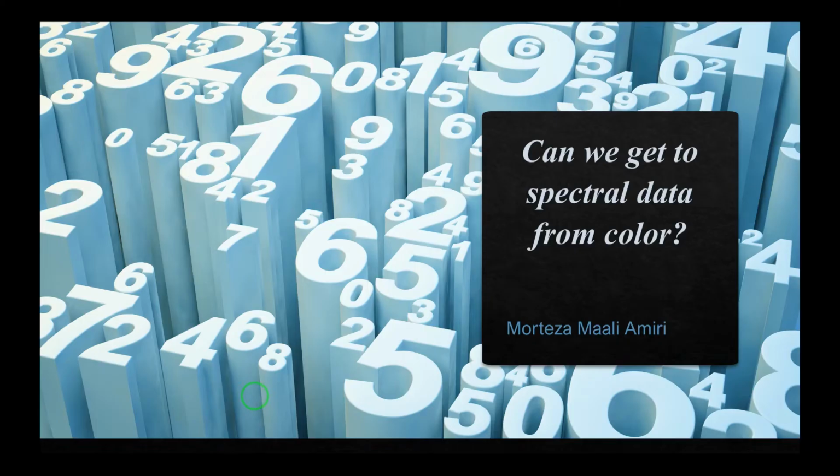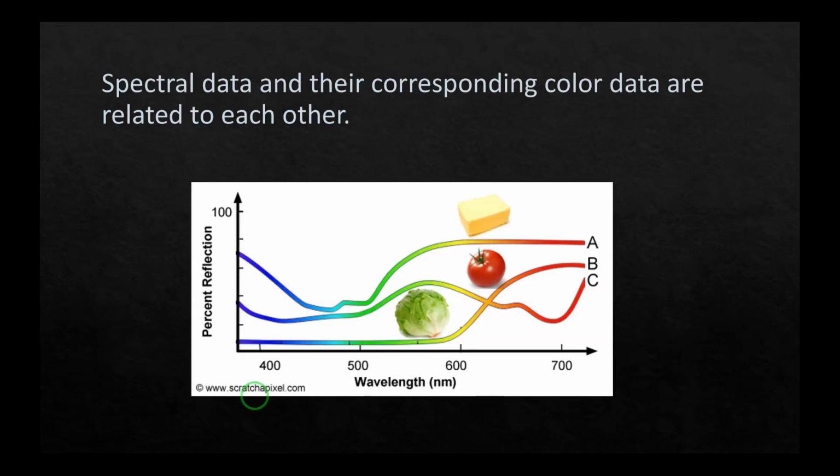So we want to talk about if we could get to spectral data from color. Spectral data and the corresponding color data are related to each other. In other words, having one of them available could result in the other, at least in terms of mathematics.